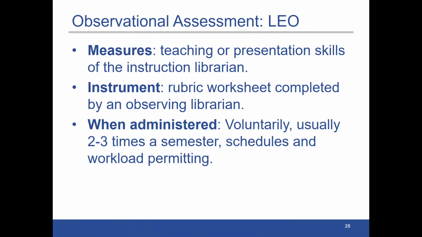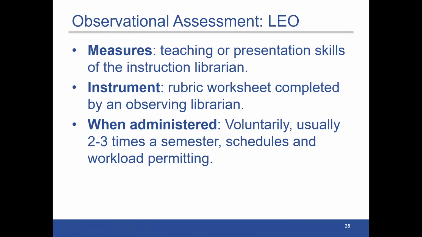How this goes is we're looking to measure teaching or presentation skills of the instruction librarian, and we have a preset rubric that all the participants have agreed to. And you volunteer to share your schedule with all the members of LEO, and then one librarian can contact you and say, I would like to come observe your History 295 class, for example, on such and such a day at such and such time.